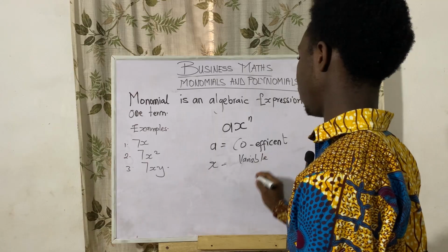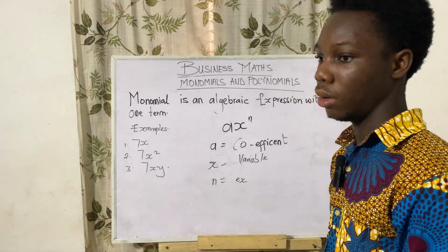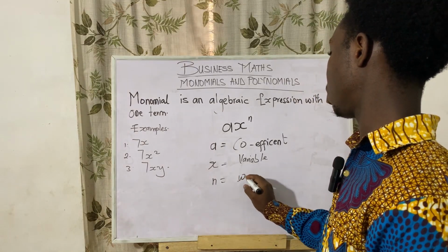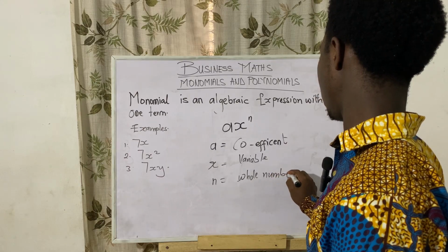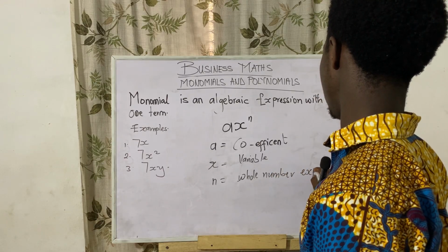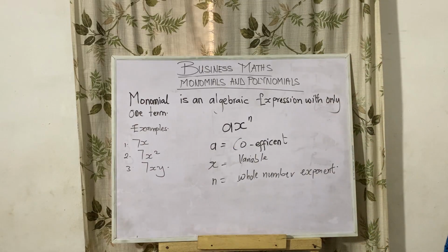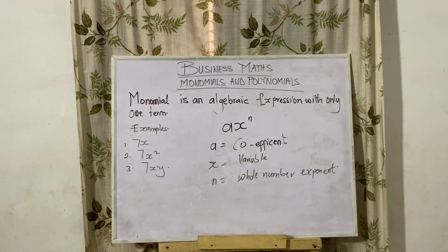The x becomes the variable. And the n becomes the whole number exponent. It can be any number.